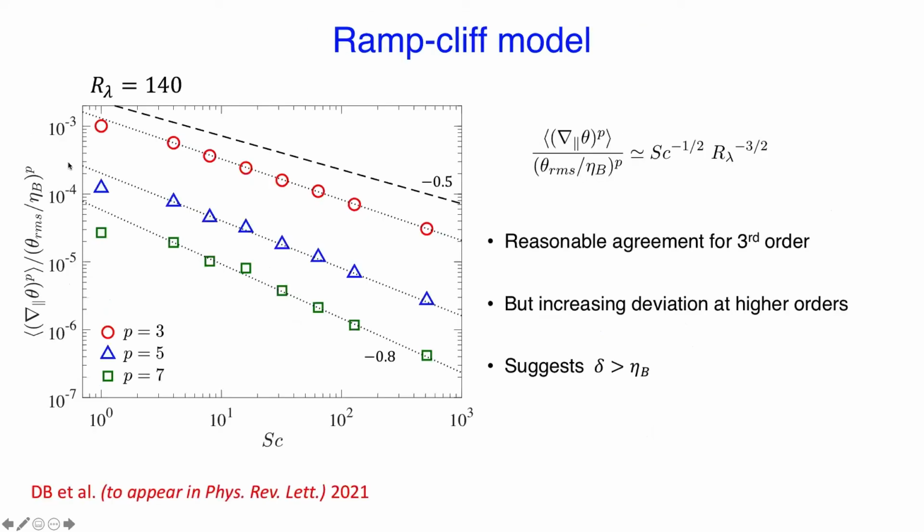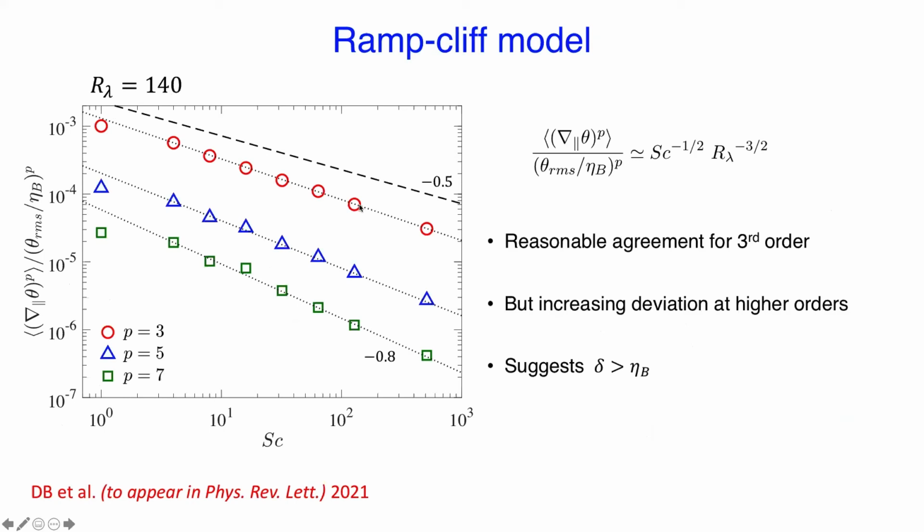That is what is shown here for R lambda 140, and the Schmidt number goes over 3 orders of magnitude, and this dashed line is the slope of minus half. And these 3 sets of curves are the 3rd order moment, 5th order moment, and the 7th order moment.